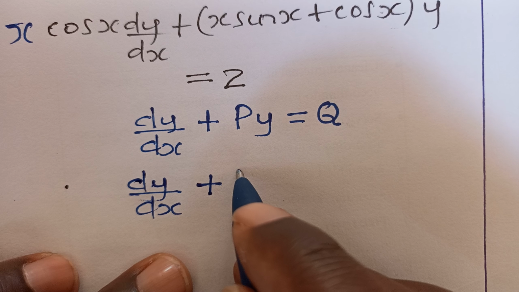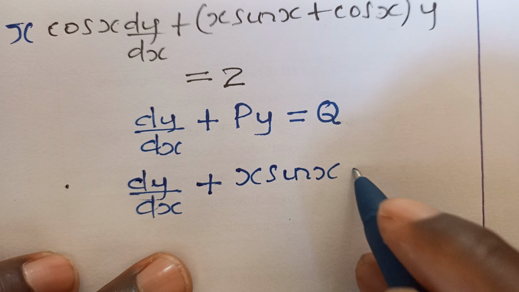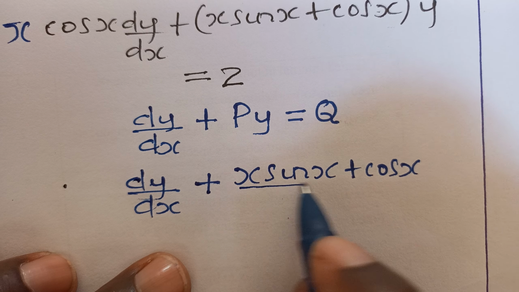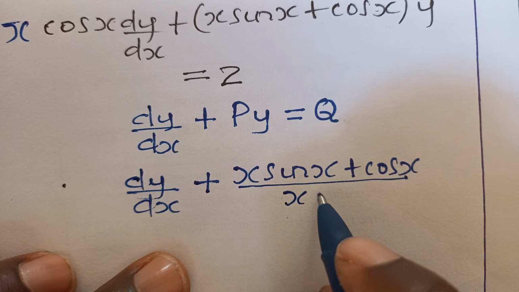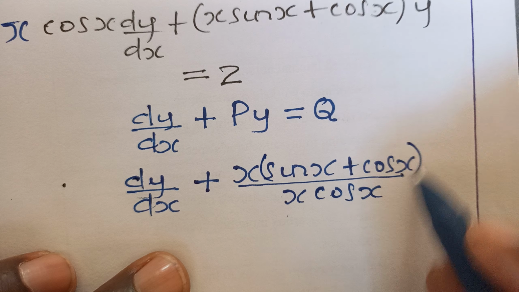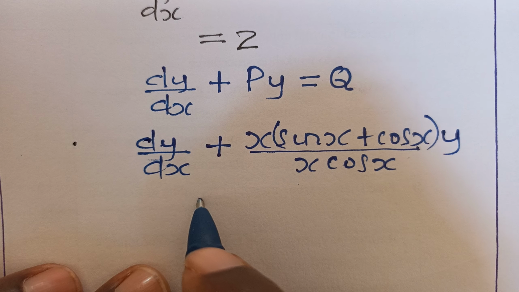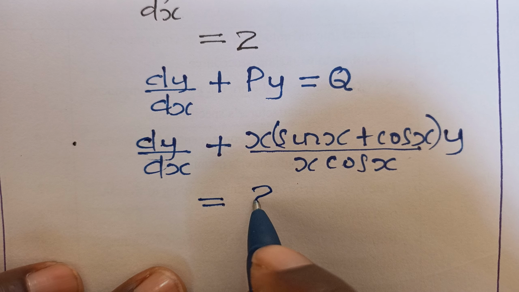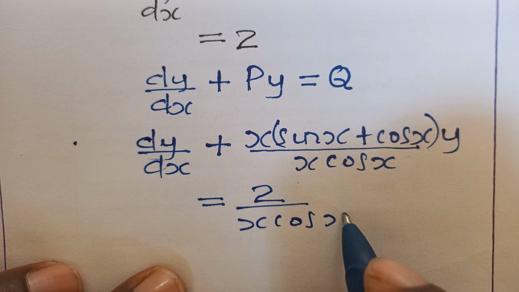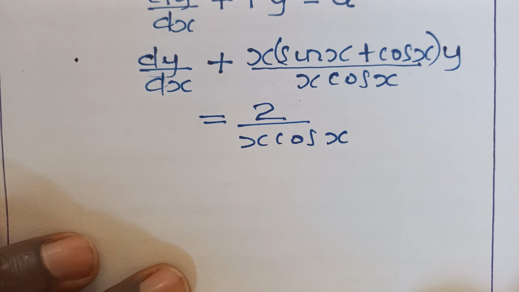So this now comes to x sin x plus cos x, we divide this also by x cos x, like that. So here we have y. All this is supposed to be equal to 2, which we also divide by x cos x. And so after dividing, this is what we are going to have.